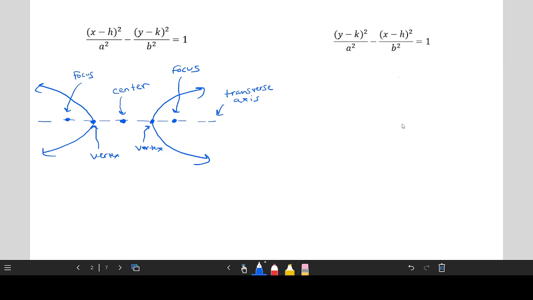Let's draw our vertical scenario first, and then we'll talk about the values A and B. So if the y term comes first, then the transverse axis is vertical.